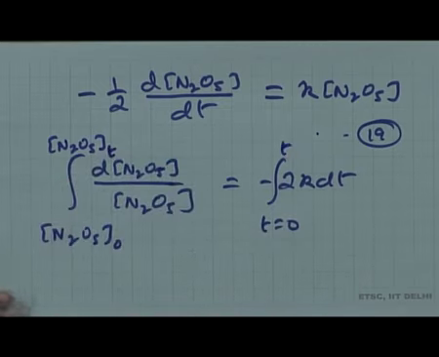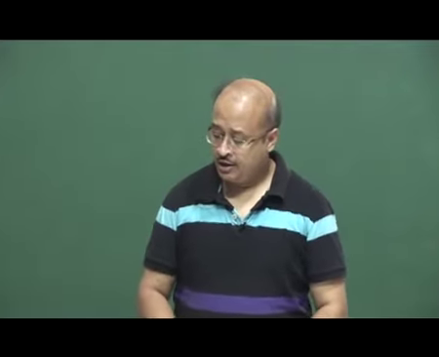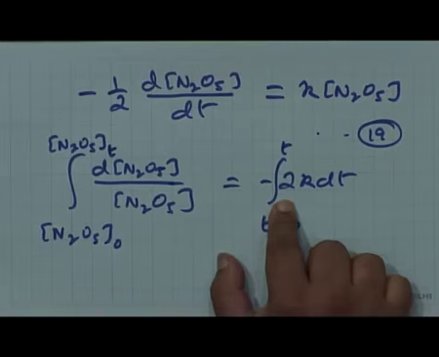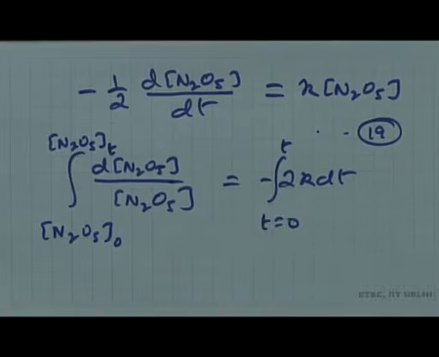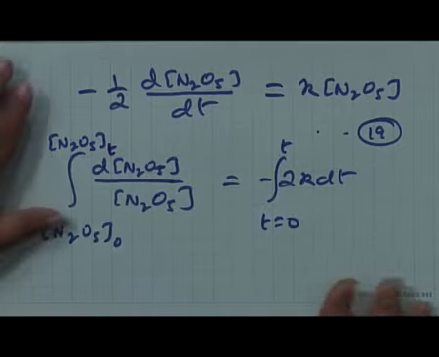Again exactly the same thing as we did last time, just keep track of the fact that K is a constant, so is 2, so this 2 K can be taken out of the integral sign.